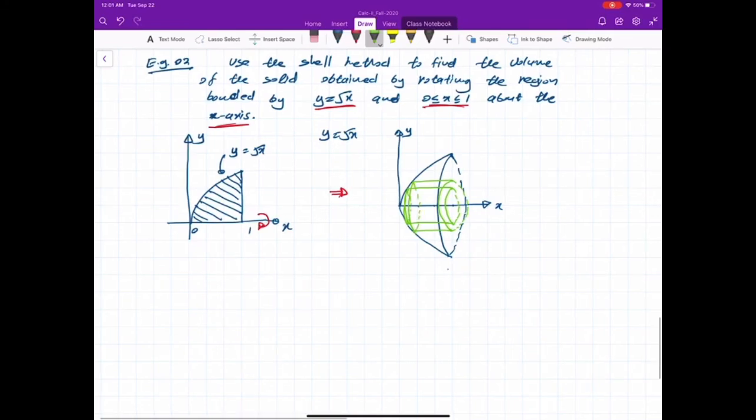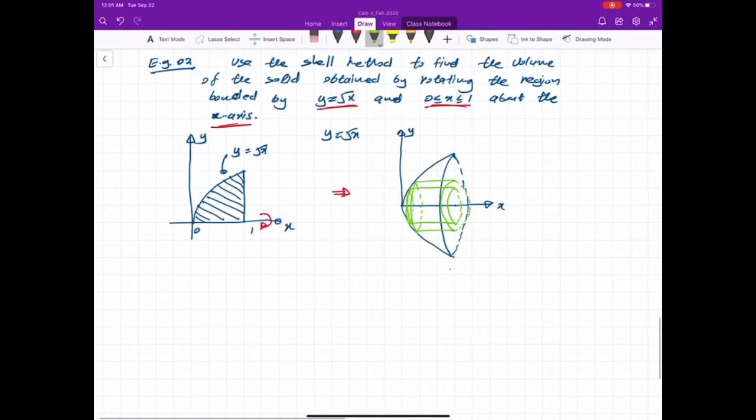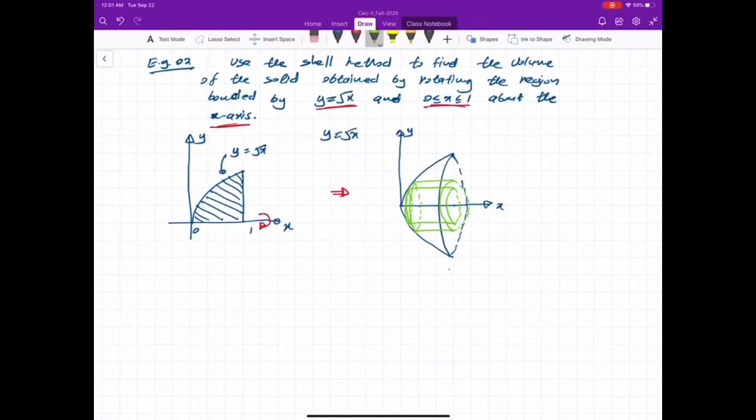All right. Now you have to find the parameters of the cylinder. You could consider that length as y, and then you have to find the height of that.